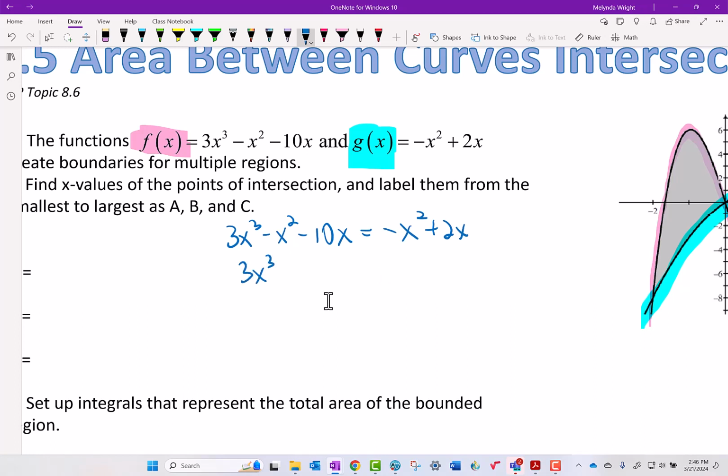This is a negative x squared, so I'm going to add it over, and the x squareds go away. Then I've got this positive 2x. I'm going to subtract that over, so that would give me a negative 12x, and that equals 0. So then we want to factor. I'm going to factor the greatest common factor, GCF, first. So 3 is common in both of these, and x. That leaves me with x squared minus 4.